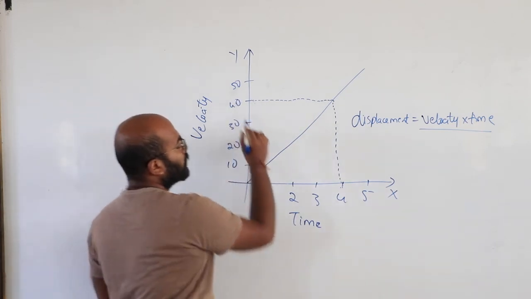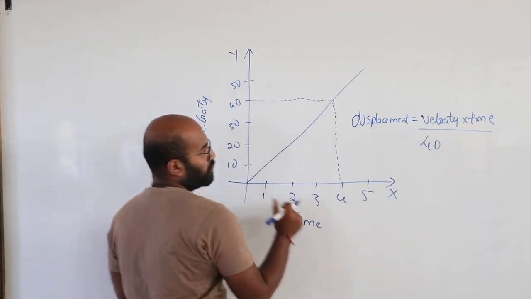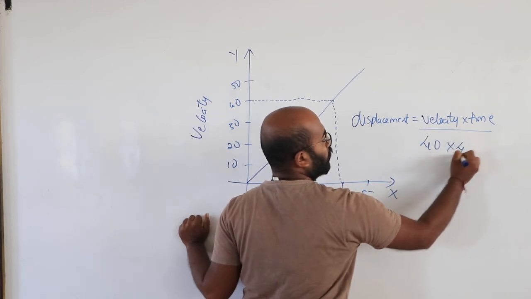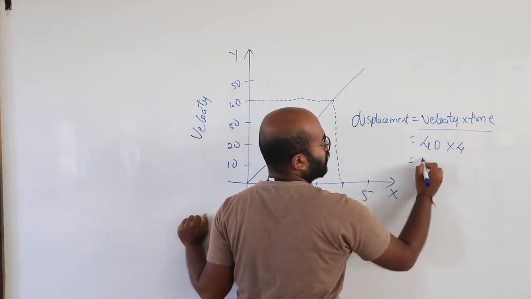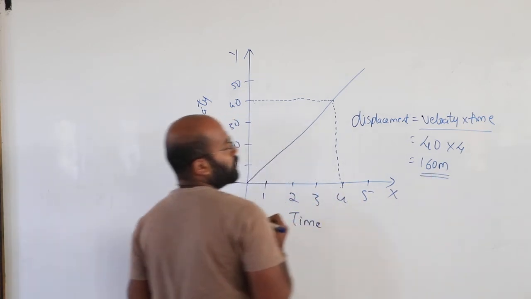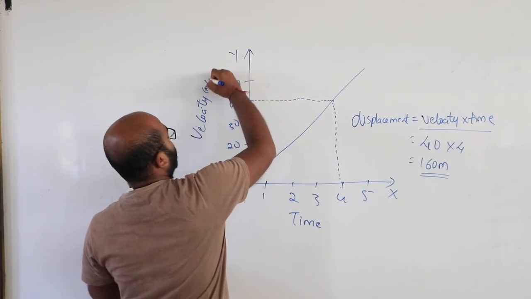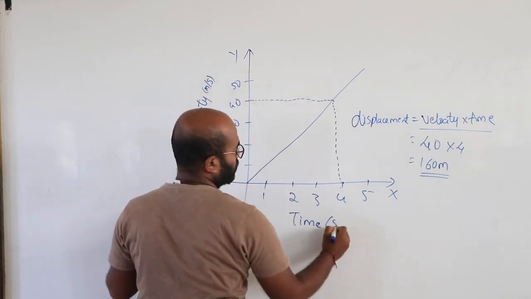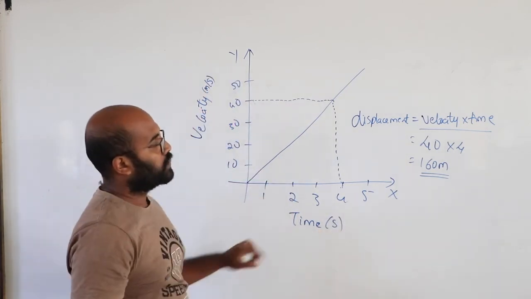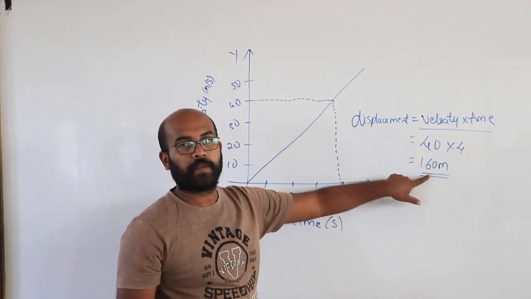So velocity here is 40, time is 4. So this is 160 meters. Since velocity is in meter per second and time is in seconds, 40 meter per second into 4 seconds is 160 meters.